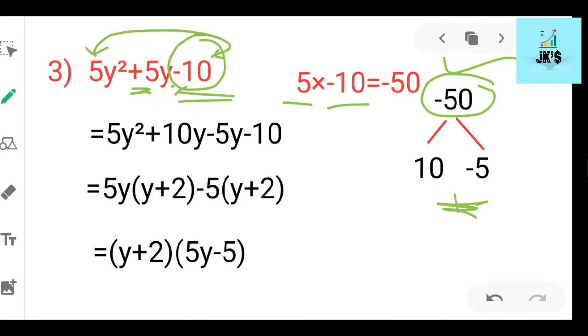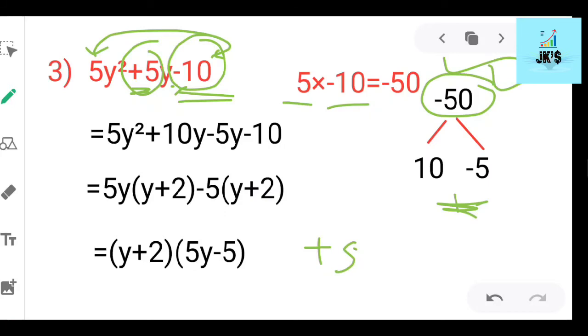Okay, so here 10 is negative, meaning a minus sign is there on the last term. So we subtract the factors, and the subtraction is strictly equal to the coefficient of the middle term, that is plus 5 in this example. So we factorize 50 such that the subtraction is 5.